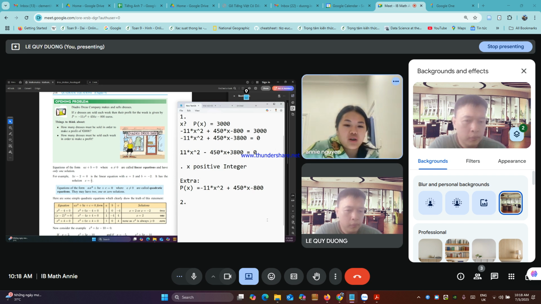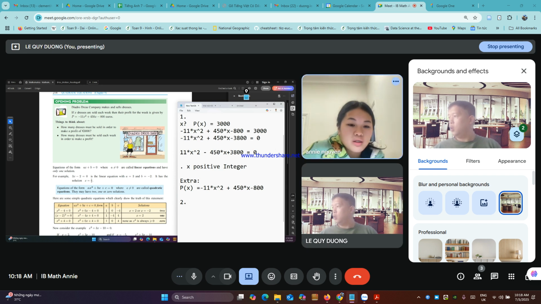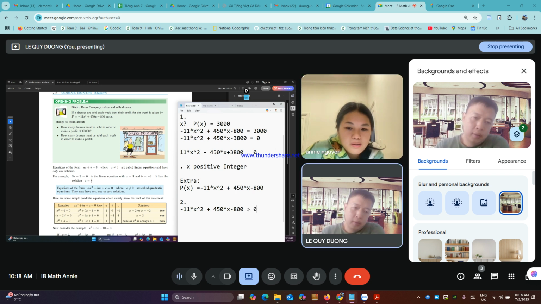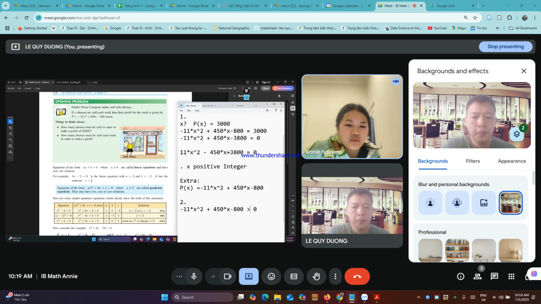Well, the profit has to be more than zero, so I would turn the equation into an inequality: negative 11x squared plus 450x minus 800 is greater than zero. Is there any equal sign, greater or equal? No, because it has to be more than zero to make a profit.